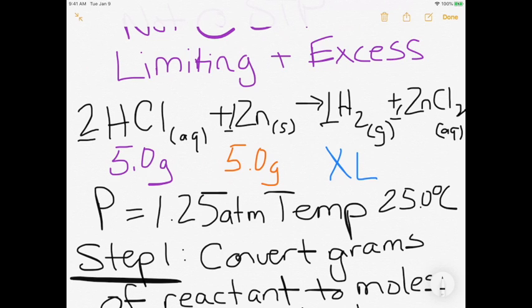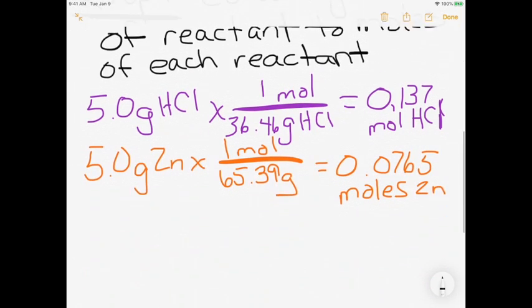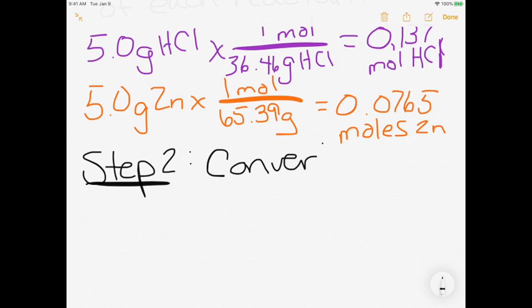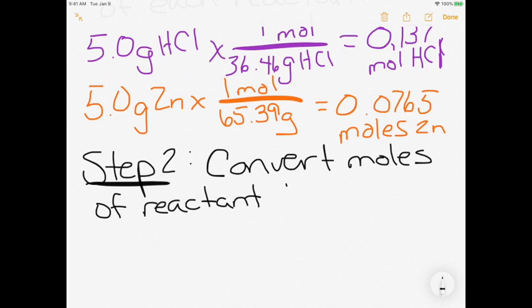This is just like our second step for stoichiometry, where we convert grams to moles, then moles to moles. So step 2 is convert moles of reactant to moles of product.